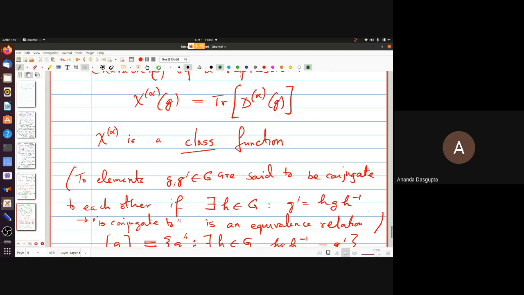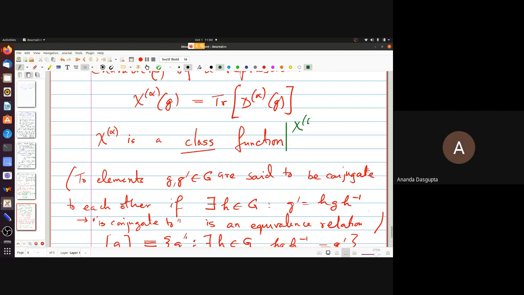This is something we should have discussed maybe in the preliminary part. But can you now see why chi alpha is a class function? Class function meaning every group element which belongs to the same conjugacy class has the same character. Why?